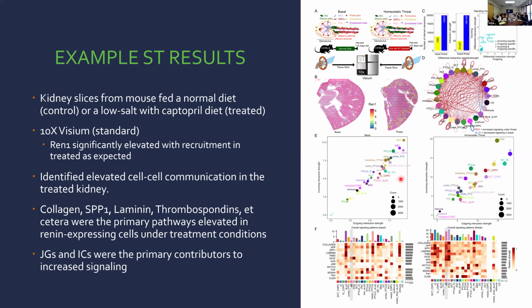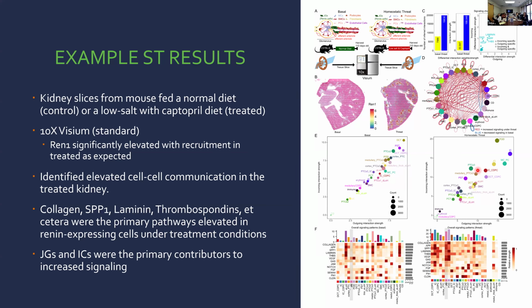And so we wanted to figure out which of those populations of cells contributed to a greater degree to that increased signaling. The plot on the left is all the populations under the normal diet. The bright yellow is the JG cells. You can see their combined strength of interactions is about 7.